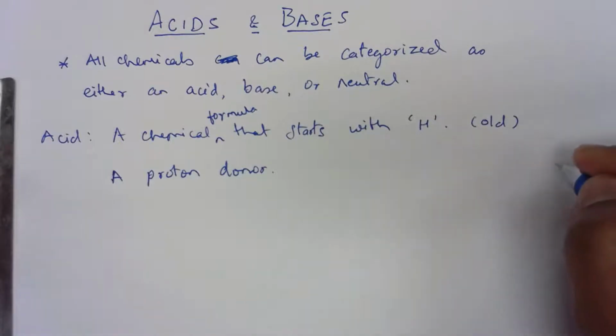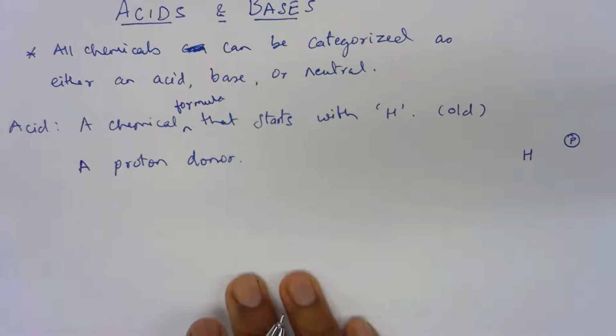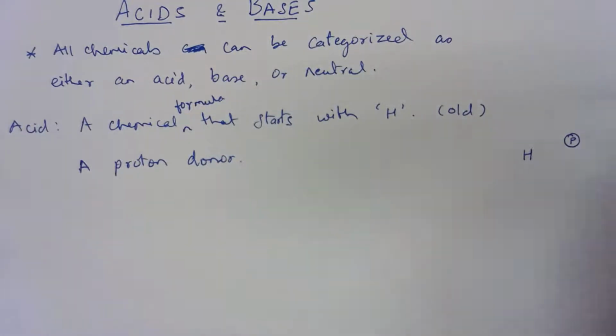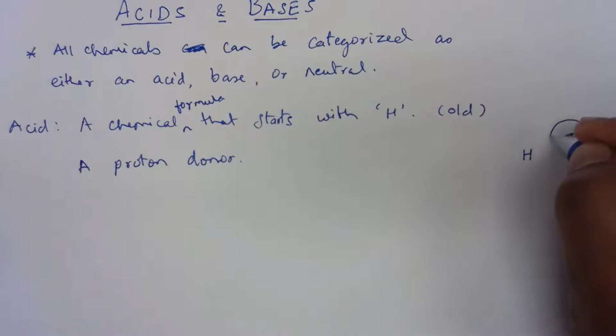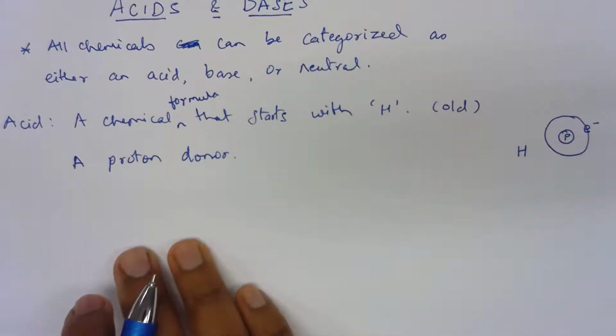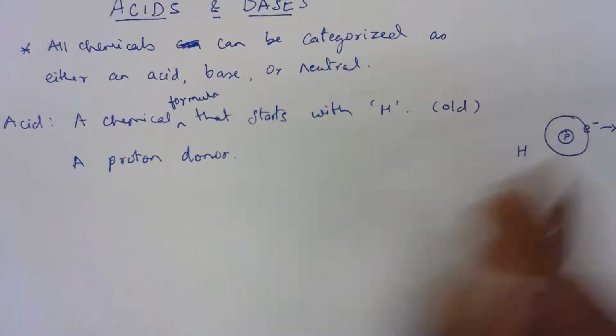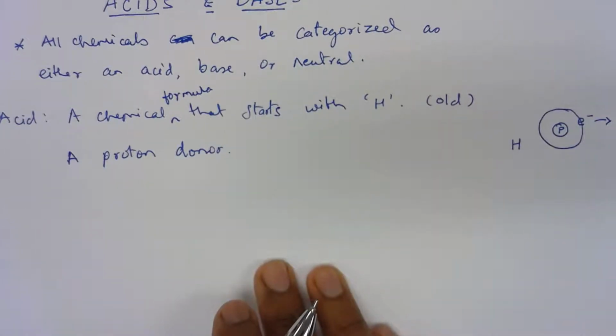Okay, so let's look at a hydrogen atom. You've got a nucleus inside of which you have a proton, right? Around this, you have the energy level in which you have one electron. If I were to get rid of this electron, what would be left behind?